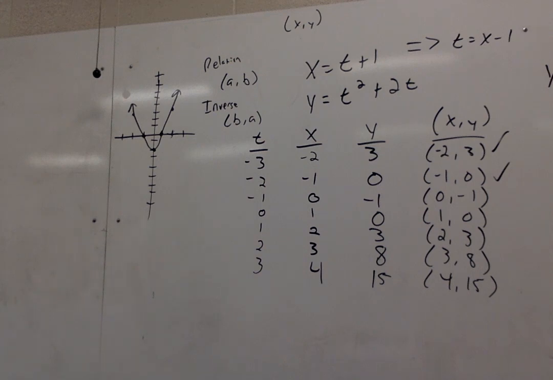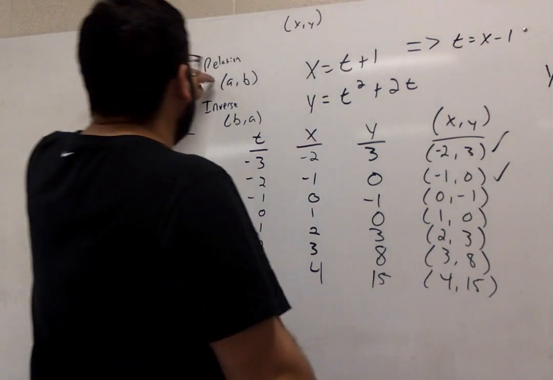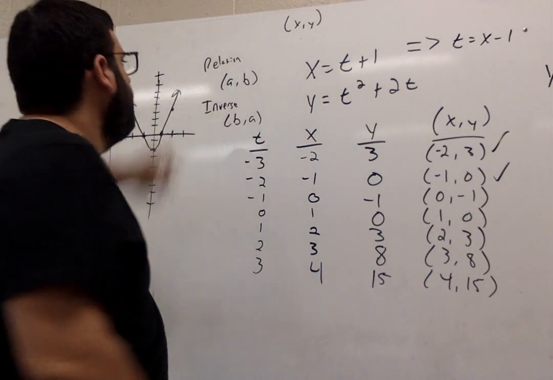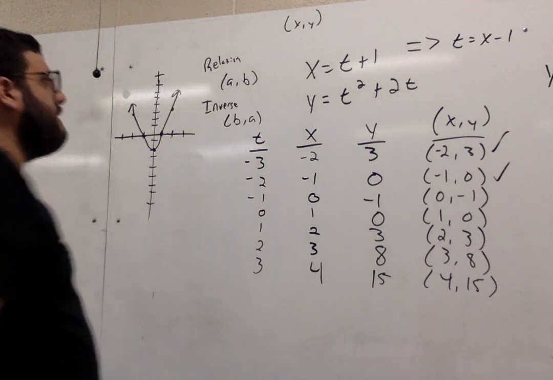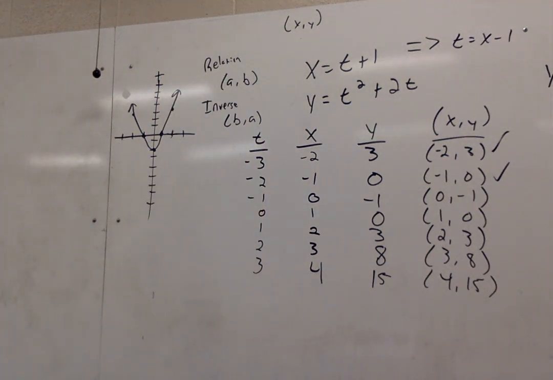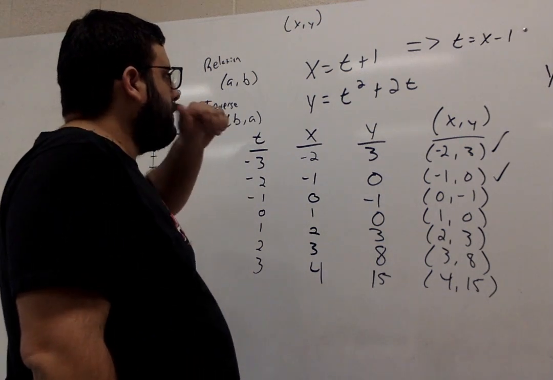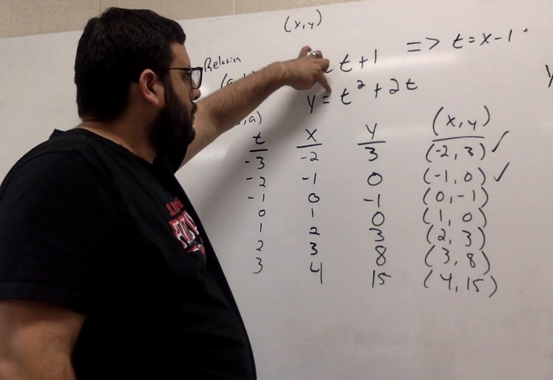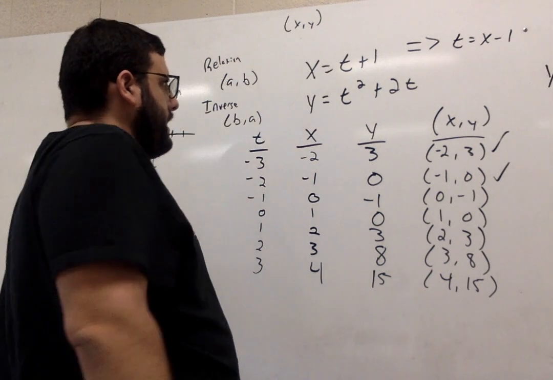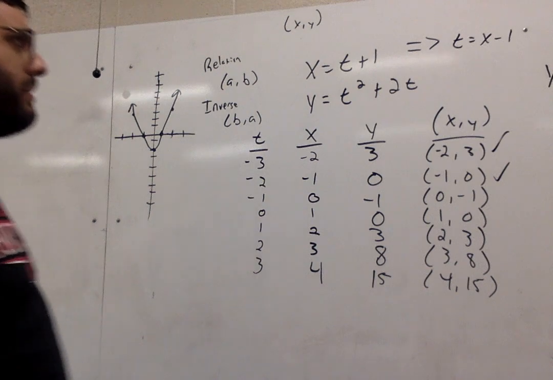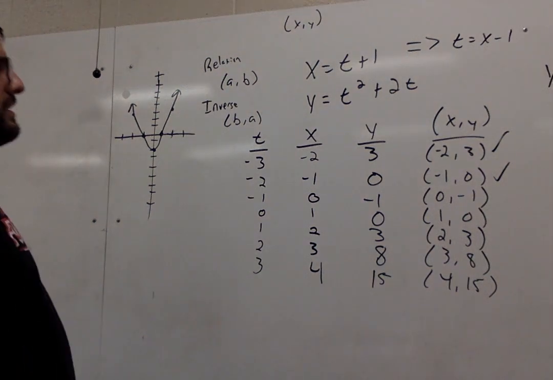So if a comma b is in my original relation, then b comma a is in the inverse of that relation. Let's use this as an example. Here I have y equals t squared plus 2t, and x is equal to t plus 1, aka t is equal to x minus 1.